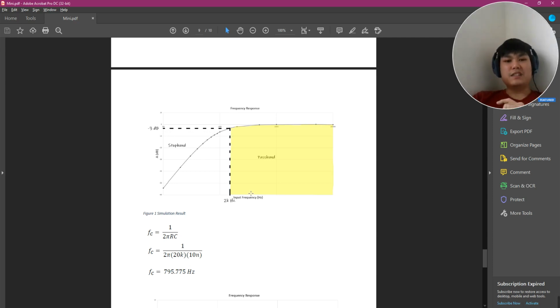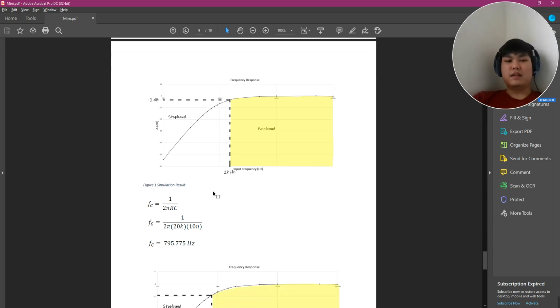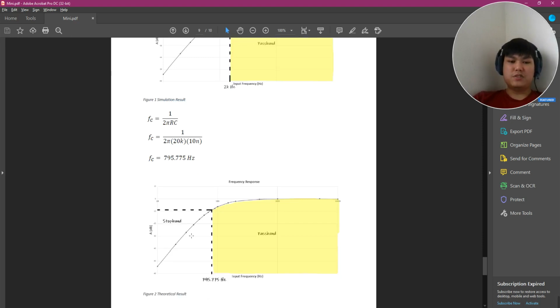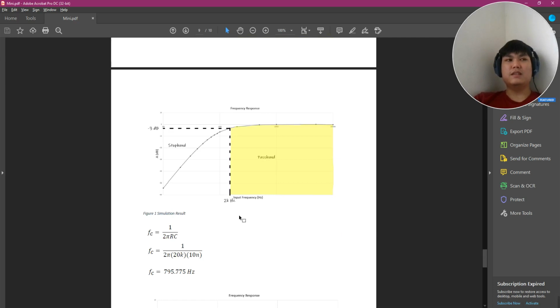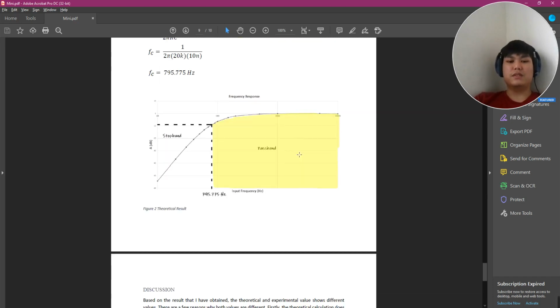When I do the calculation with 2 pi RC, the critical frequency I obtained is 795 hertz, and theoretically it should look like this: at this frequency and after it, you pass. But in the simulation, I obtained that after 2k, the frequencies are allowed to pass.